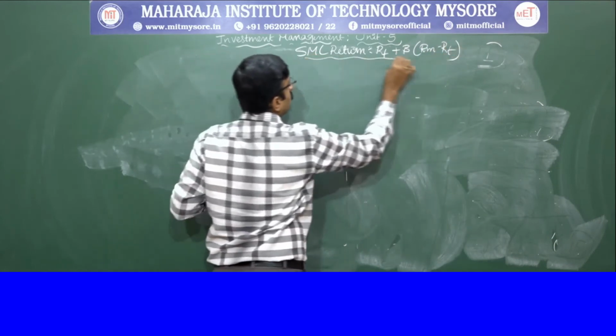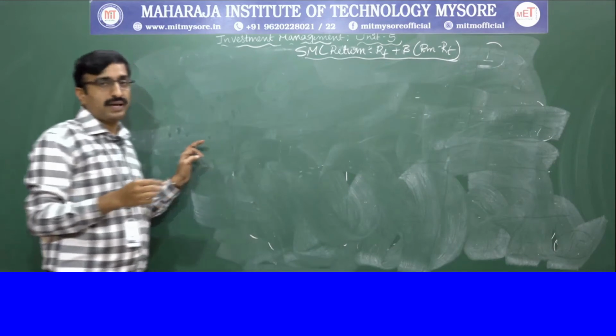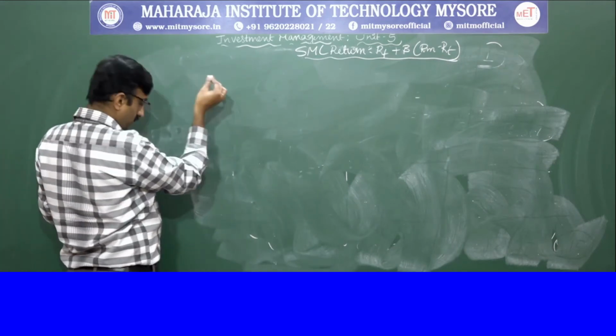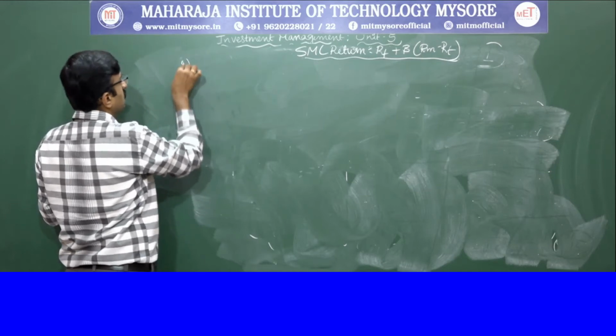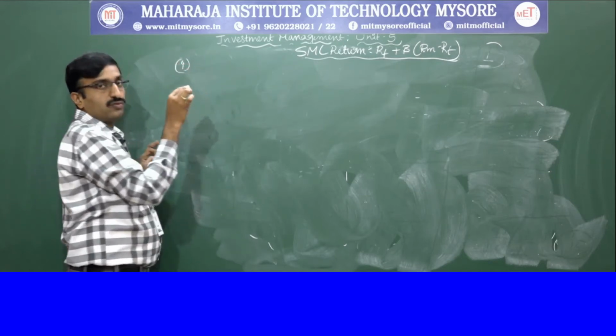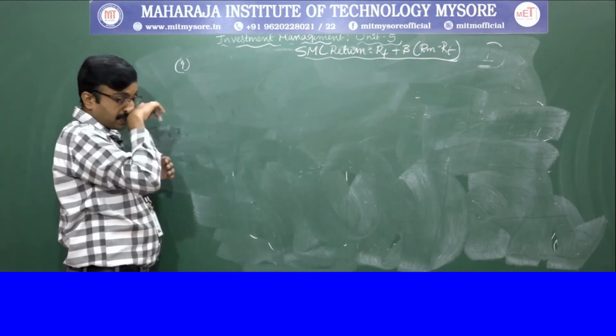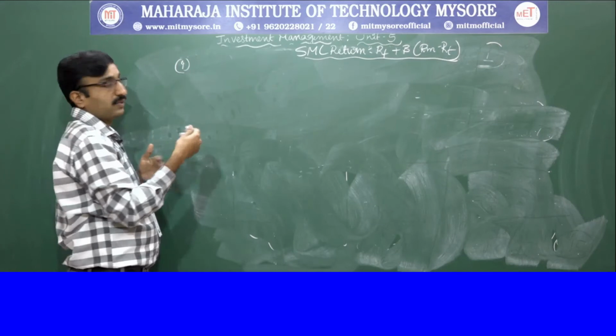The same kind of formula we will apply. So take a table here for the answer to the first question: the calculation of which securities are overpriced and which are underpriced.